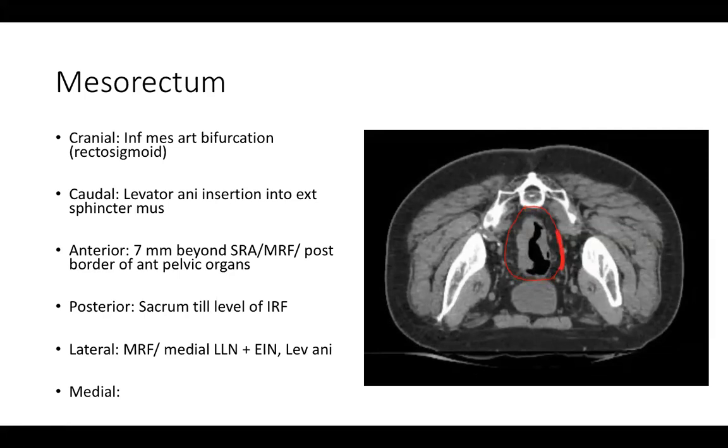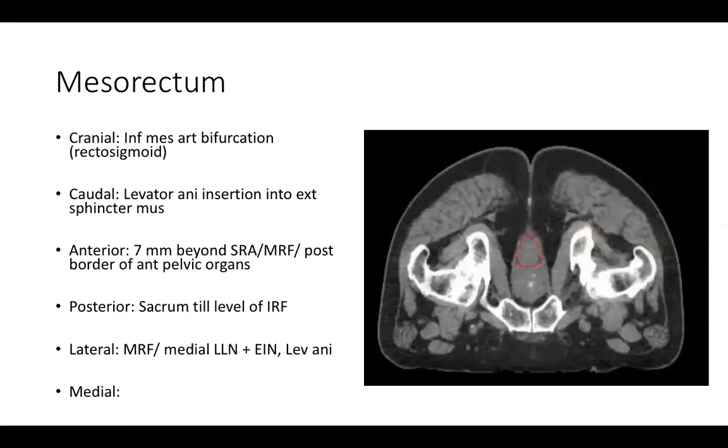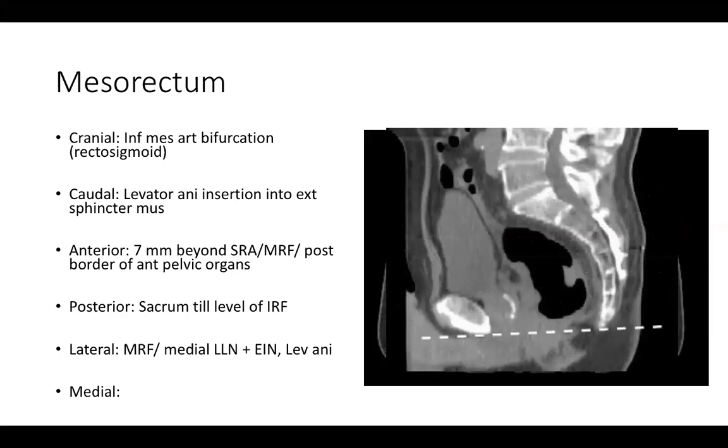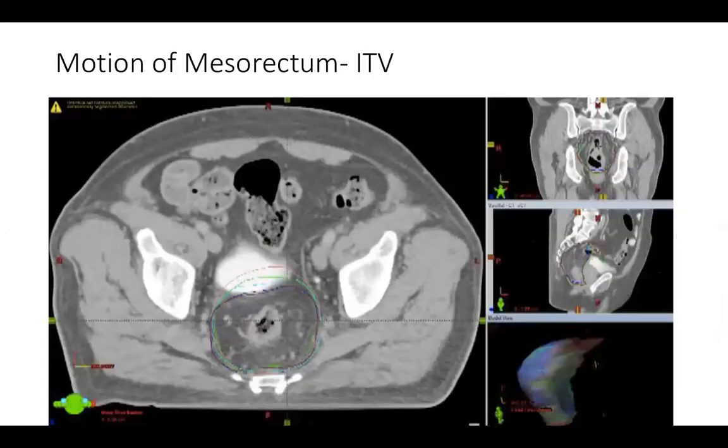Laterally, it will be bounded by the pelvic side wall vessels, that means the lateral subsite which they have created. And inferiorly, it will end where the pelvic diaphragm inserts into the internal obturator fascia. Roughly that boundary coincides with a plane drawn from the coccyx to the inferior border of the pubic symphysis. Beyond that is the anal canal.